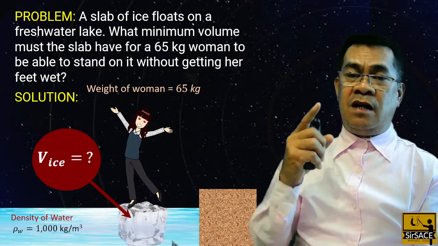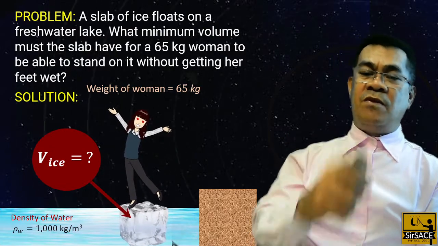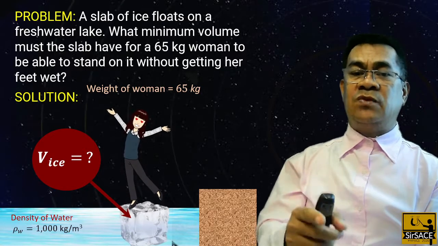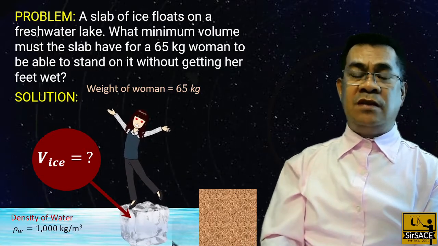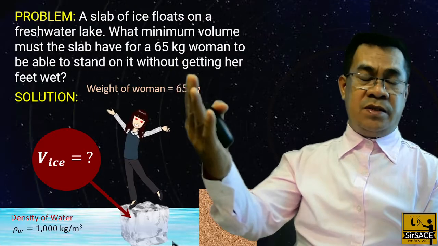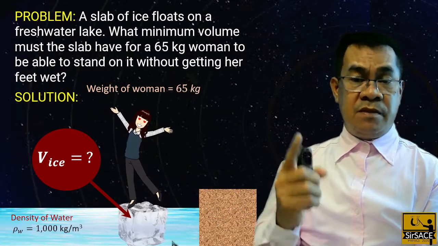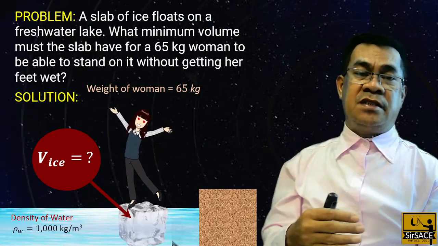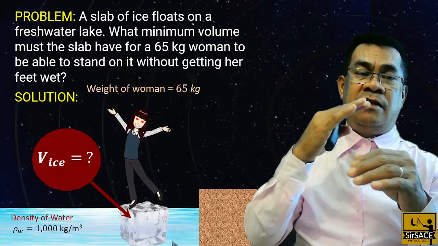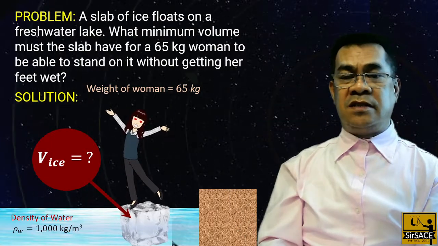You are asked what is the volume of the ice. Remember, the ice will float in the water. Why? Because in our previous video on density, remember that the particle with the smaller density will be on top of the one with the greater density.